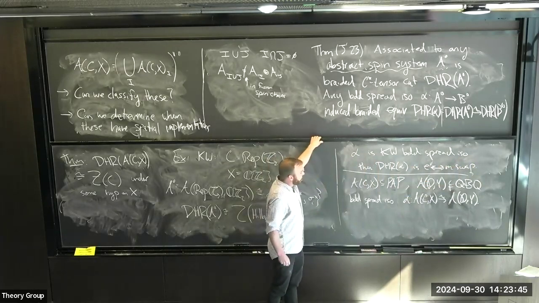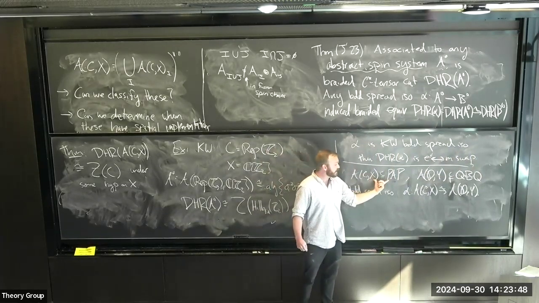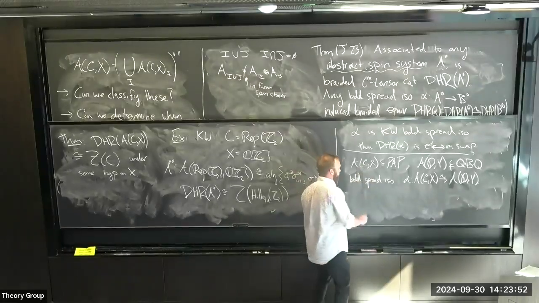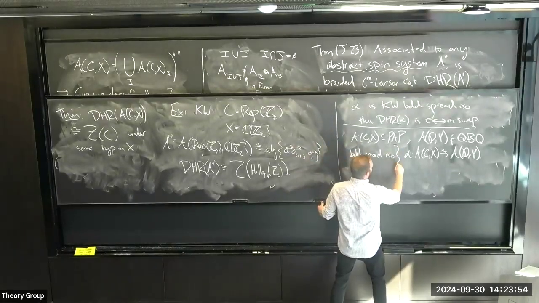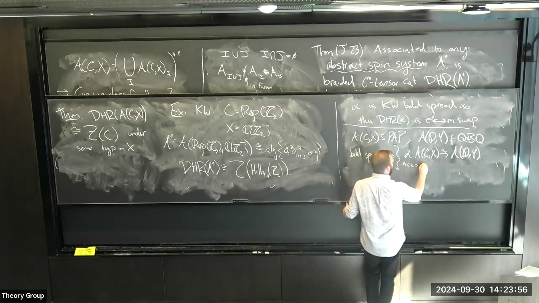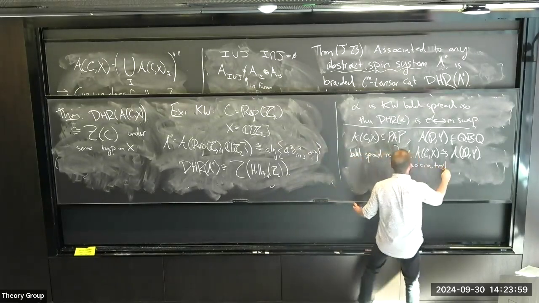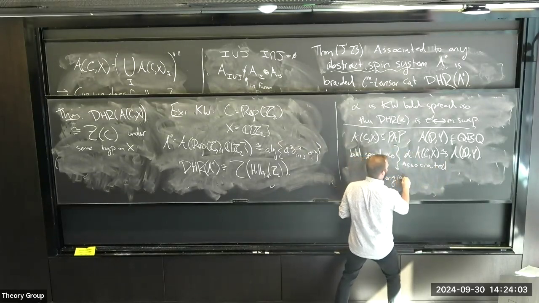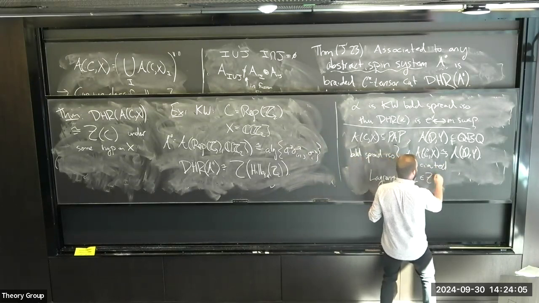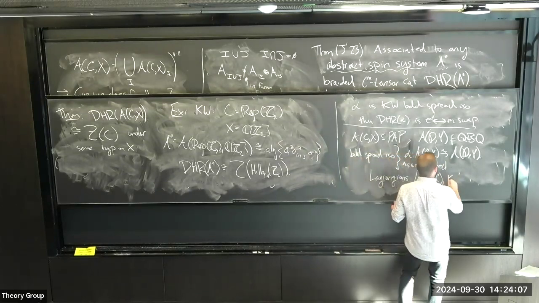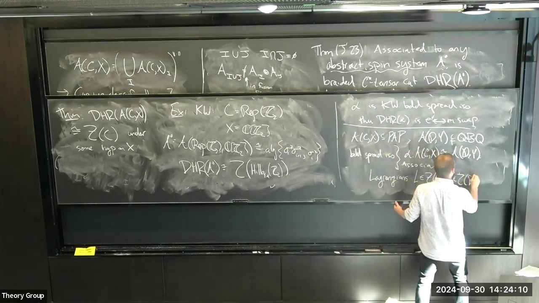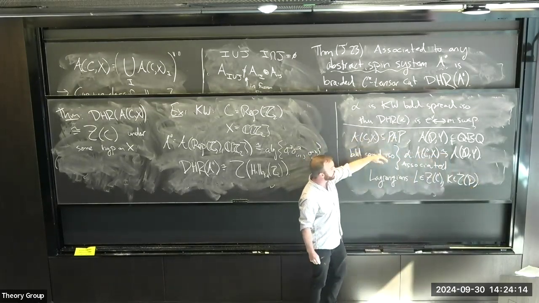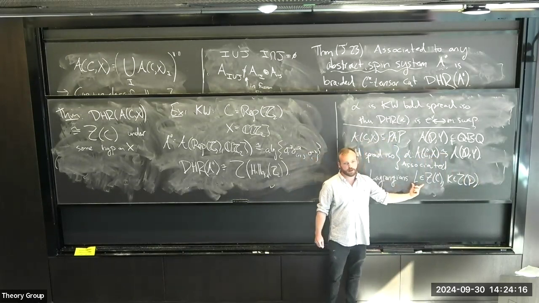Well, the first thing to note is that associated to this is a Lagrangian algebra in the center of C. Okay? Lagrangians, I'll say L in Z of C and K in Z of D, respectively. So this kind of inclusion, the spatial realization of the spin chain, is captured by a Lagrangian algebra.